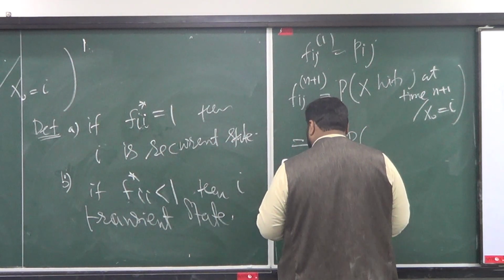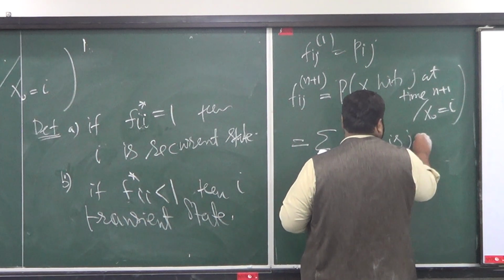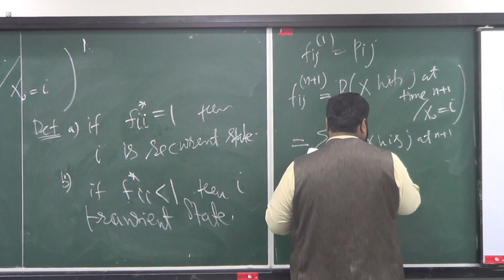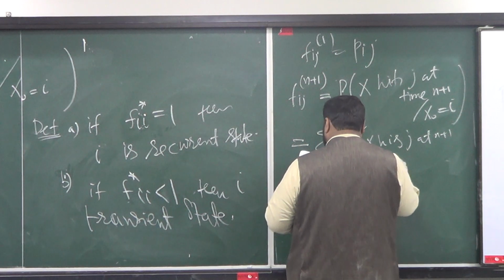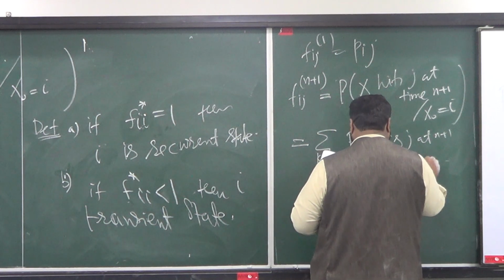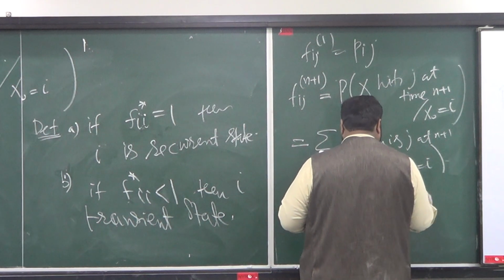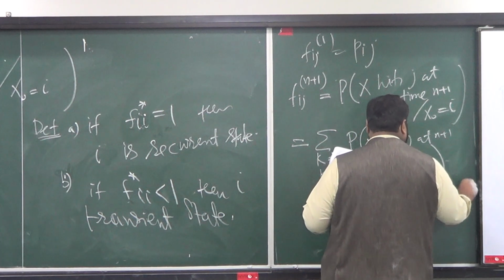Times, I can write this as X hits j at n plus 1, given x1 is k and x naught is i, times the probability that x1 is k given x naught is i.